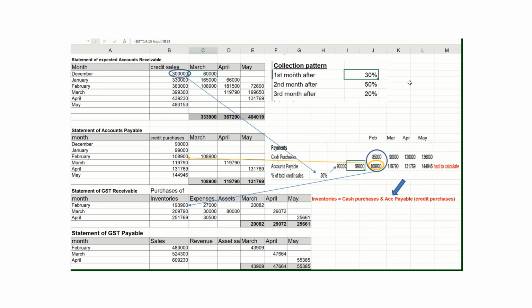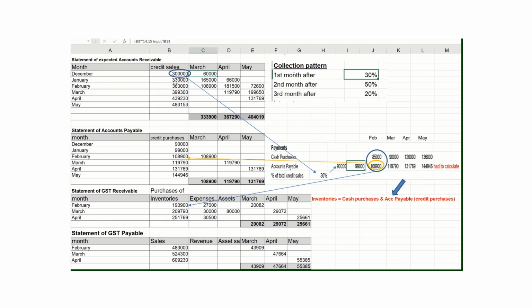Right, so there is the 60,000. Now you can see in my formulas, I did do it properly from the input sheet, but as I said, I've just copied and pasted. Yes, I'm not going to jump in between the sheets. So 20% of 300,000 is that 60,000 that we will receive in March.